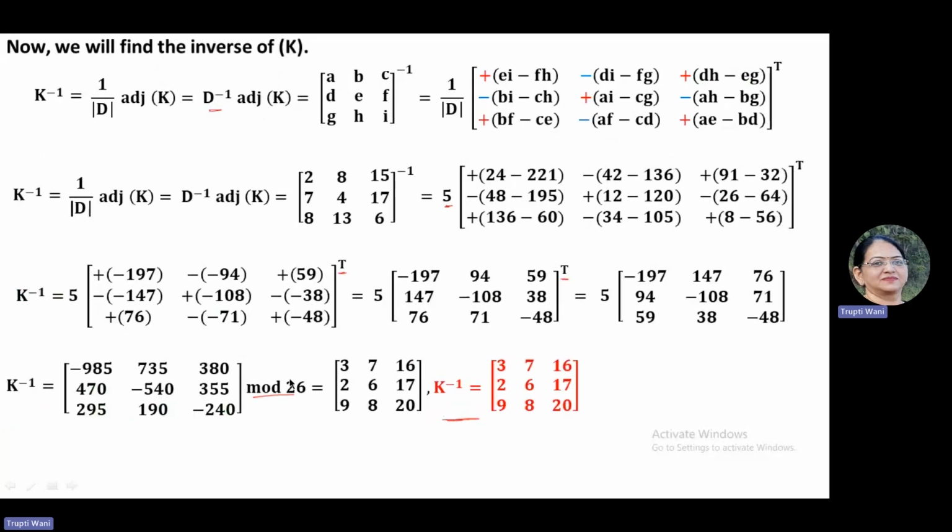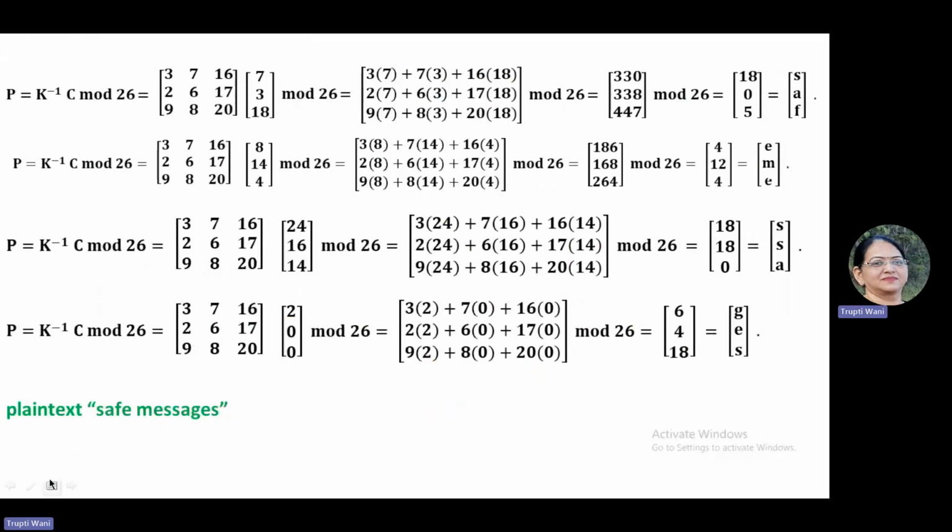So K inverse is equal to this, as we already multiplied by 5, so here we got K inverse. Now the next step is to put that value of K inverse into the formula to convert the cipher text into plain text. So K inverse into C mod 26 is our formula. Take K inverse, then C, that is our first block, that is 738.